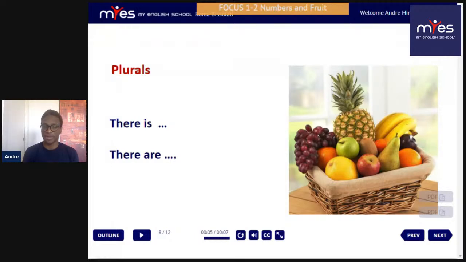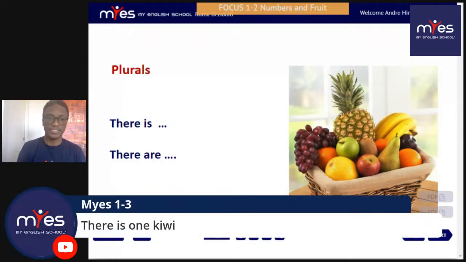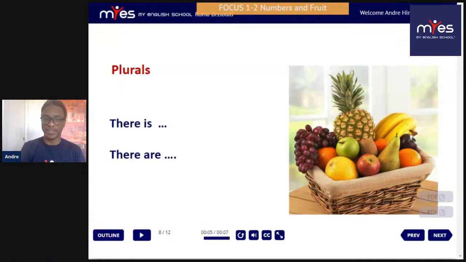What else is there in the basket? So we've got, there is a pineapple. Always remember the article. There is a pineapple or there is one pineapple. There is exactly a kiwi. There is one kiwi. Excellent, very good. What else is there? So there's one kiwi.